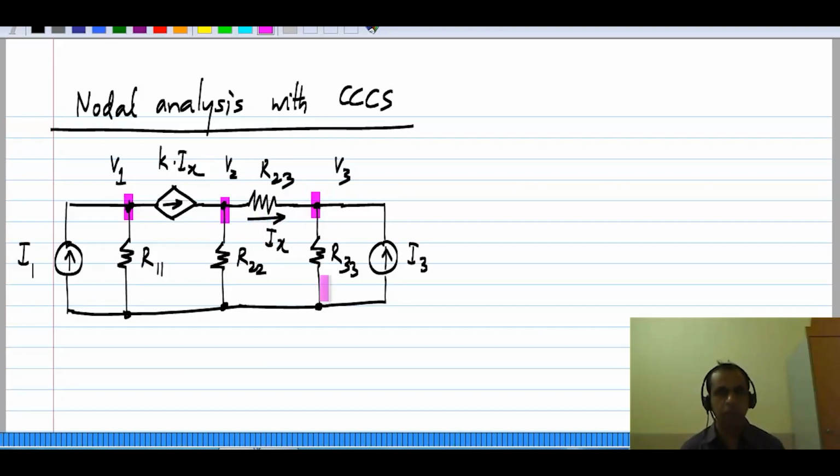First of all, you realize that this current source appears in the equations for node 1 and node 2 because it's connected between nodes 1 and 2.